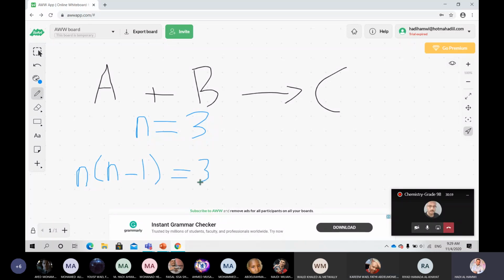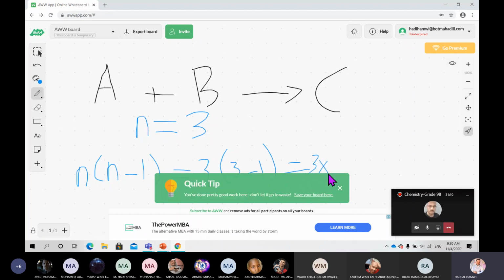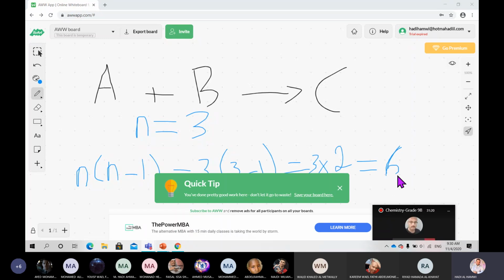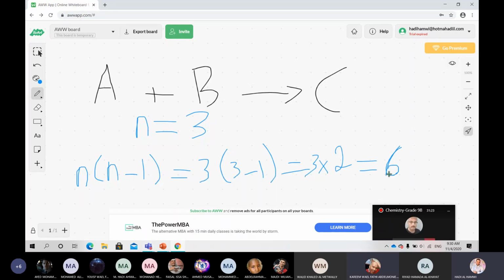So it's 3 into 3 minus 1, which is 3 multiplied by 2. So the answer is 6. So you can derive from this equation 6 mole ratios.